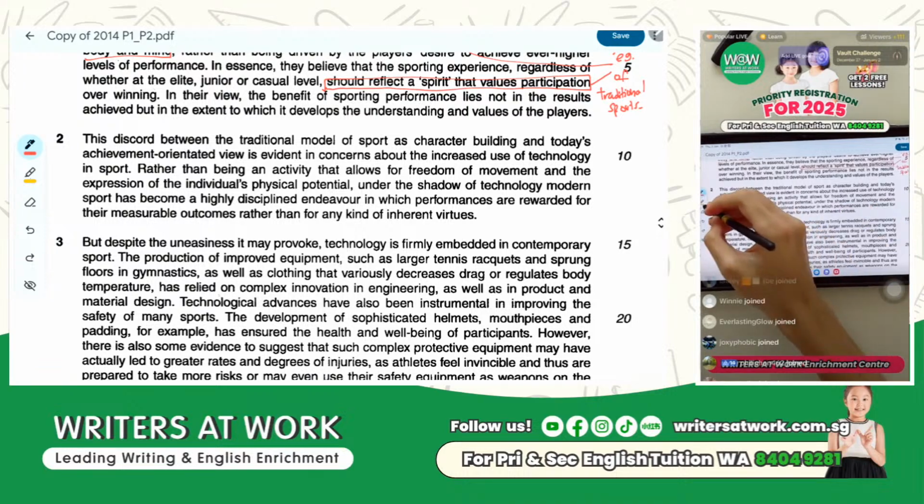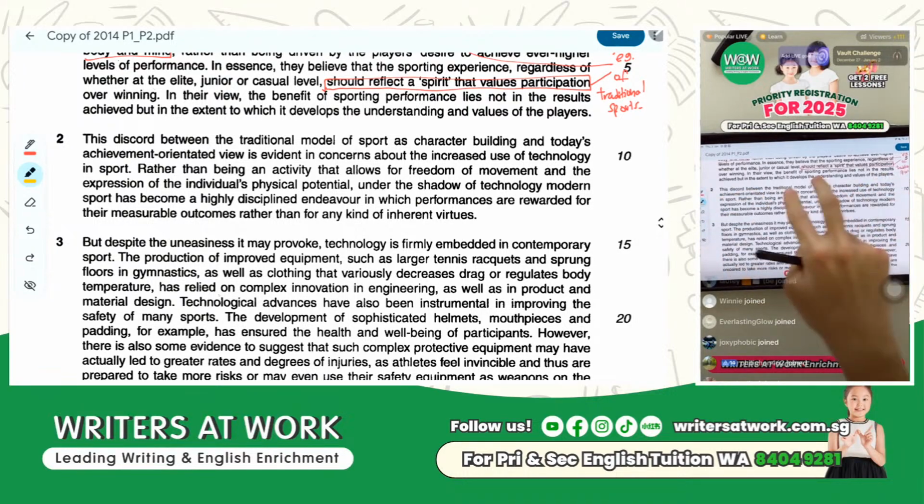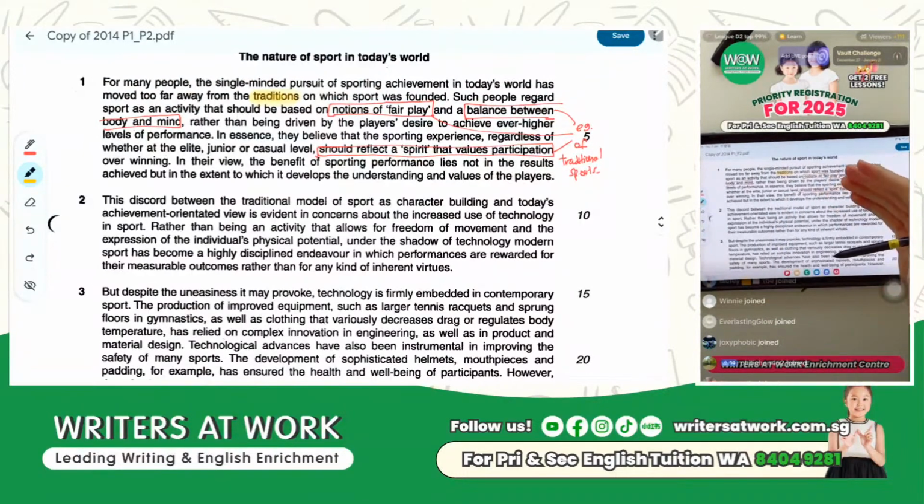Now you can see over here, after they talk about how these traditional values are being eroded, right? The author goes on to talk about how the shadow of technology has changed the way we do and view sports.